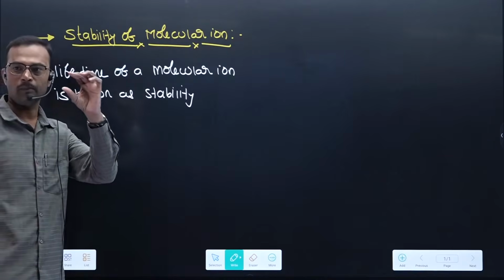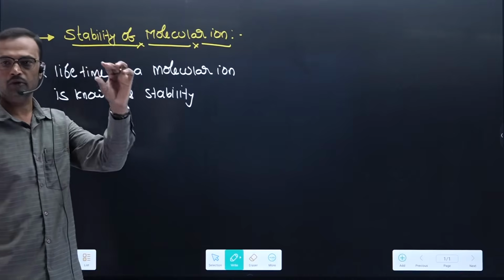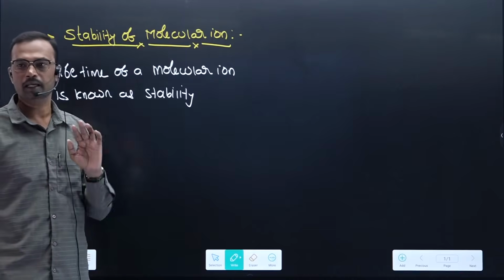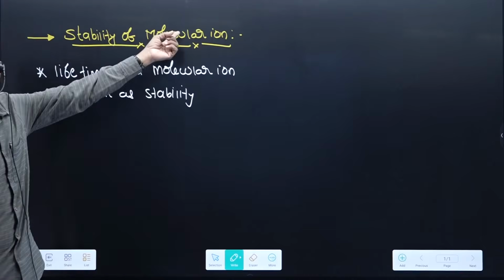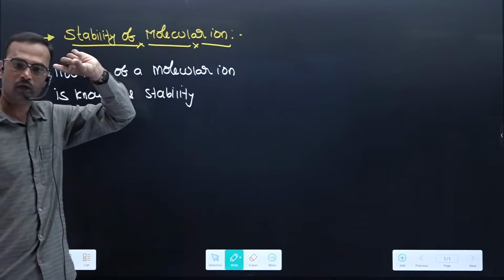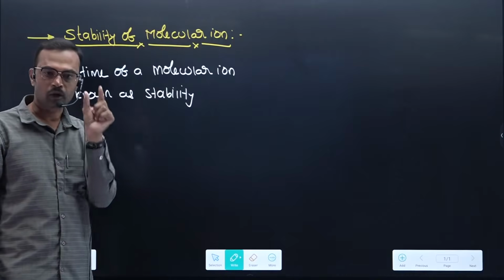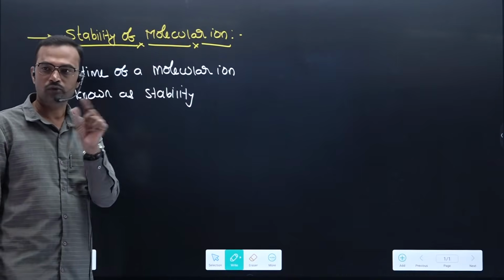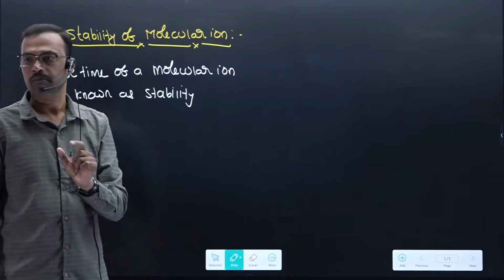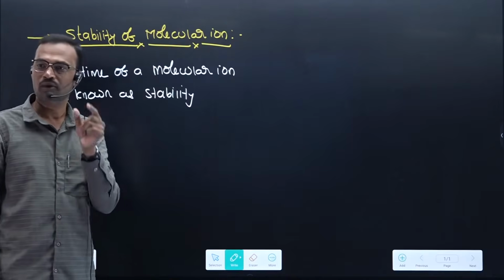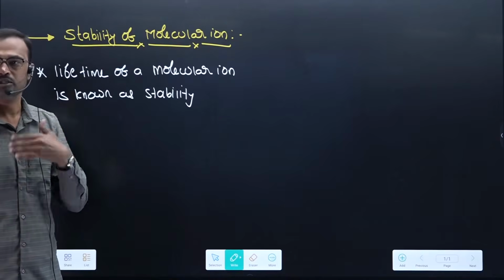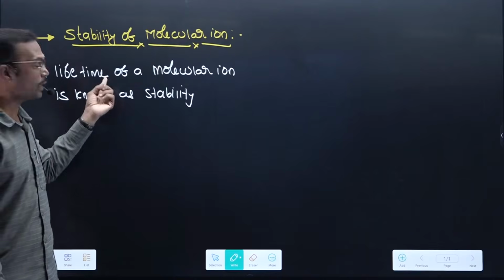Whenever you apply an electron beam on a given molecule, that molecule forms a radical cation, which becomes the molecular ion. The molecular ion then undergoes fragmentation, but it spends some time existing as a molecular ion. That time is called lifetime.